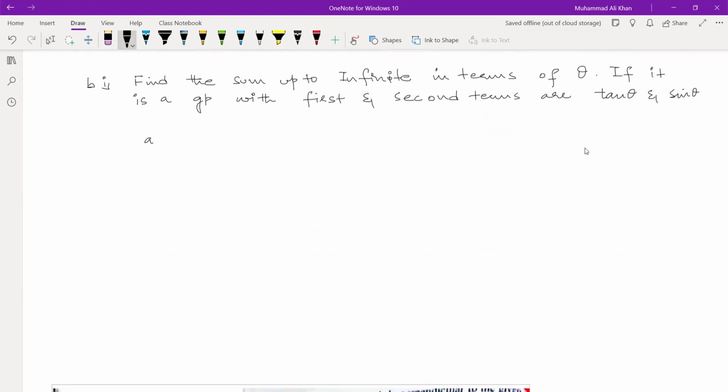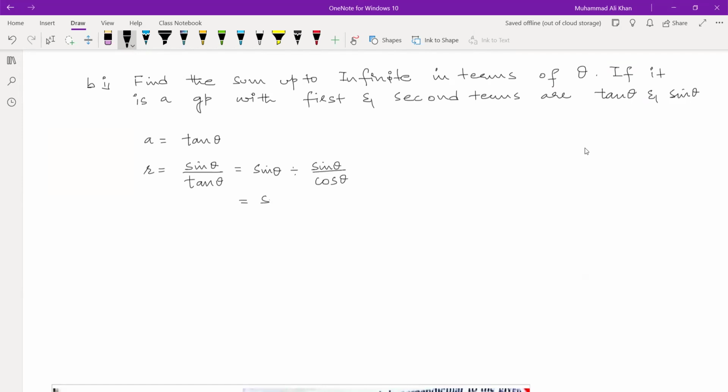So, what is a? A is tan theta. What is the common ratio? The common ratio is the second term divided by the first term. If we simplify it, it will be sine theta divided by tan theta, and tan theta is sine theta upon cos theta.